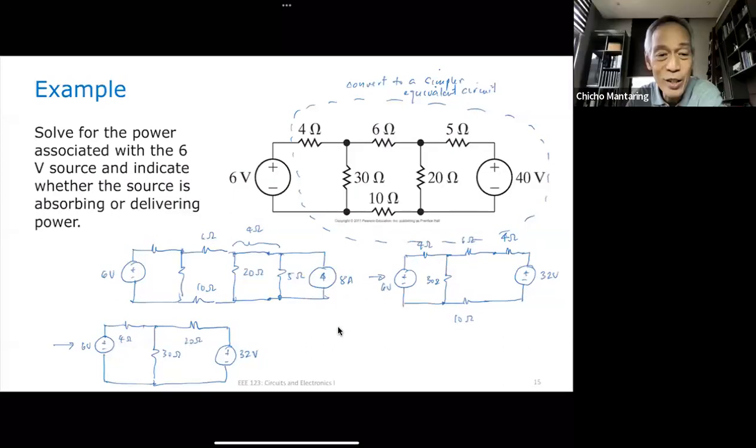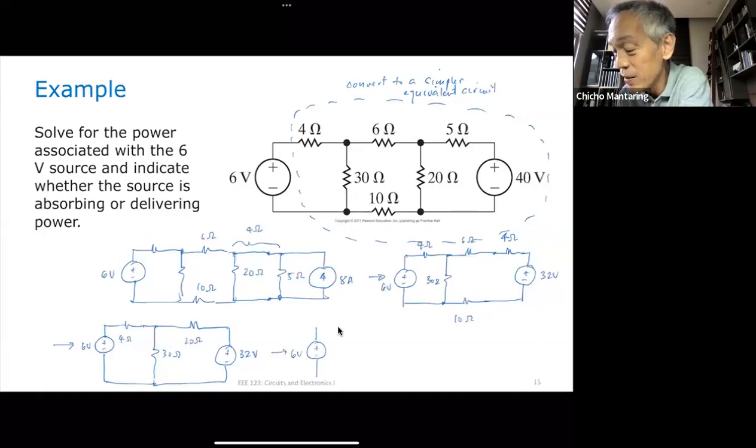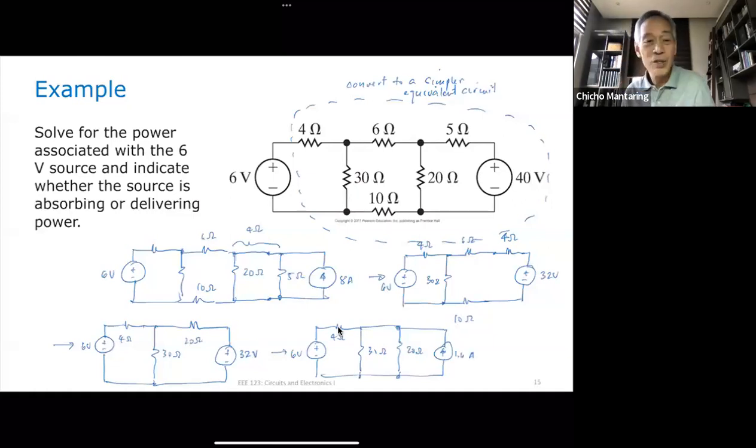Yeah, the current source is going to be 1.6 amps, and then it's going to be parallel to the 20 ohm. So again, kung gawin natin step by step so that it doesn't confuse you. So 6 volts, 4 ohms, 30 ohms, meron akong 20 ohms, tapos dito, meron akong 1.6 amps.